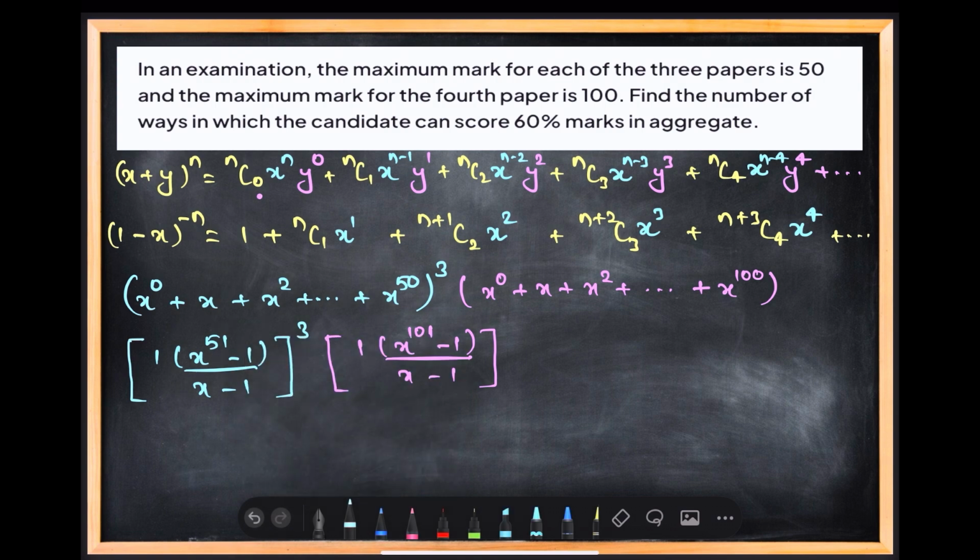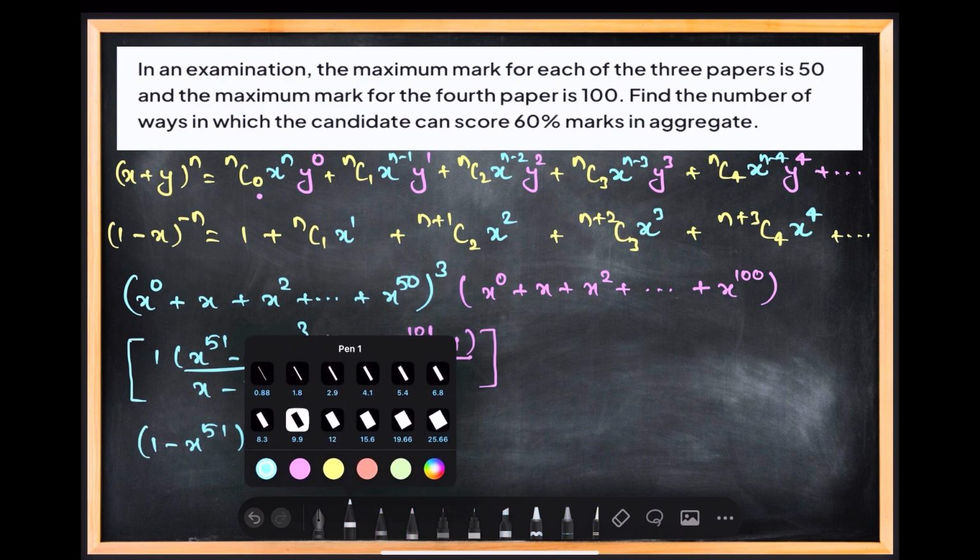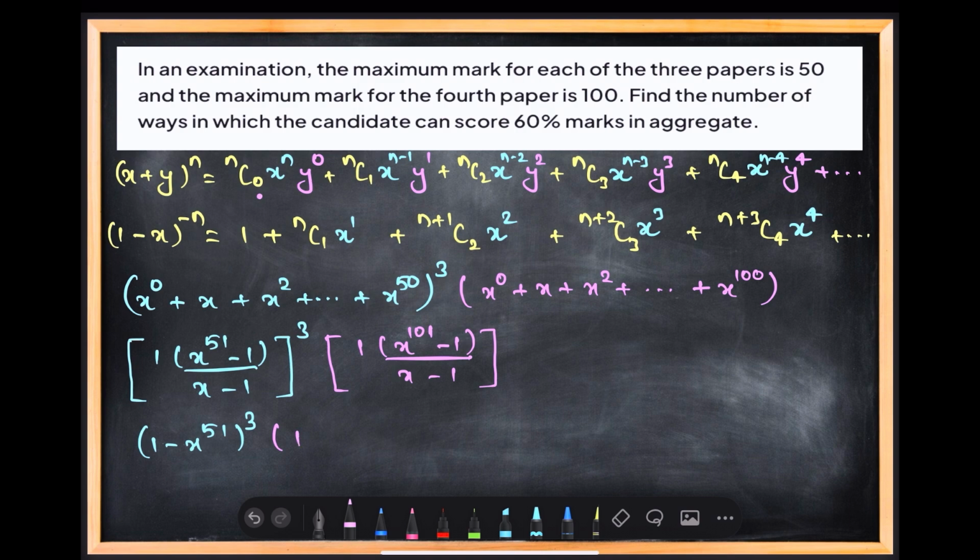The idea is (1 minus x power 51) to the power 3, and the next element will have (1 minus x power 101), and then (1 minus x) power minus 4, 3 because of this and 1 because of this.